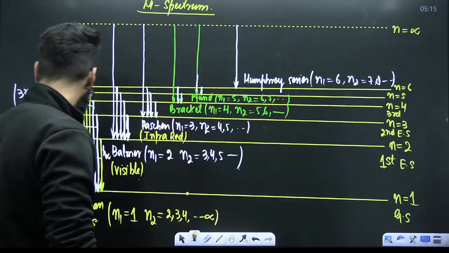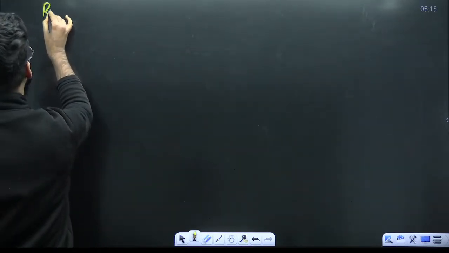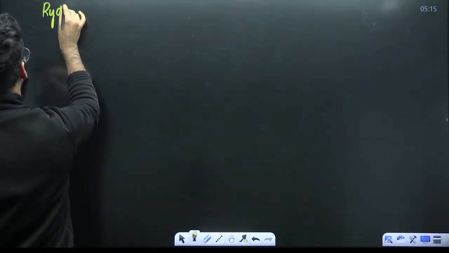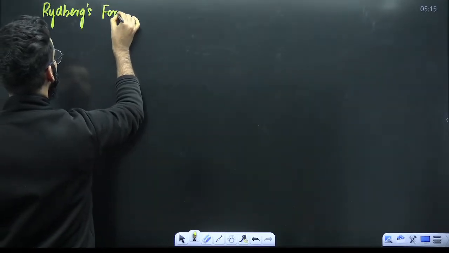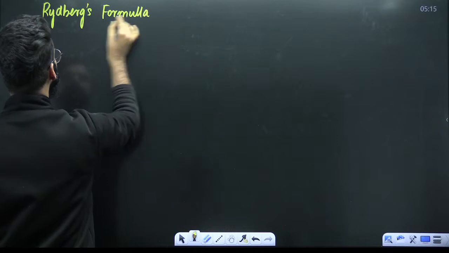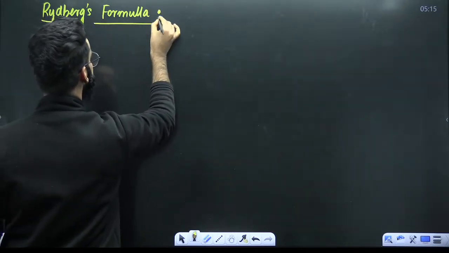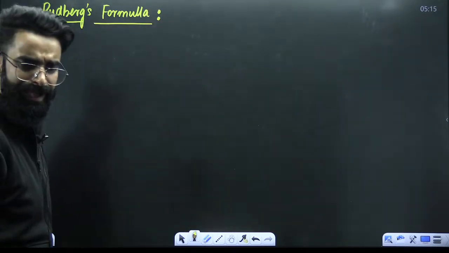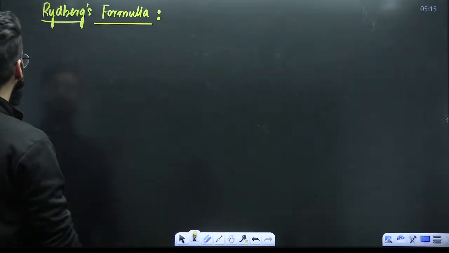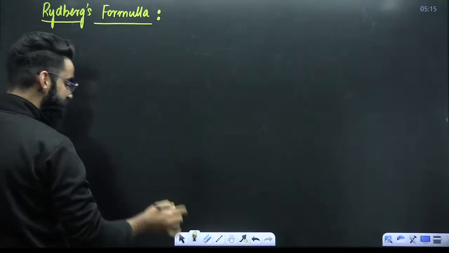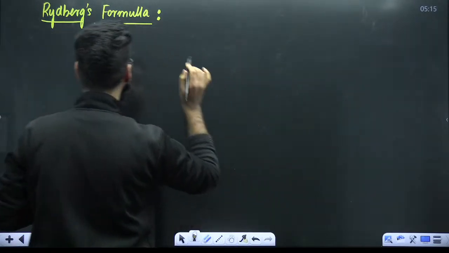How do we do that? That's important, guys. For that purpose, I'll be introducing a formula which is called the Rydberg's formula. I'm going to introduce a result over here. I'm not going to derive it. I'll just give this formula and show how it's to be applied in the questions. Why is this Rydberg's formula used?